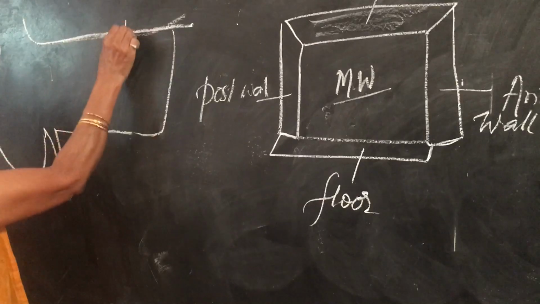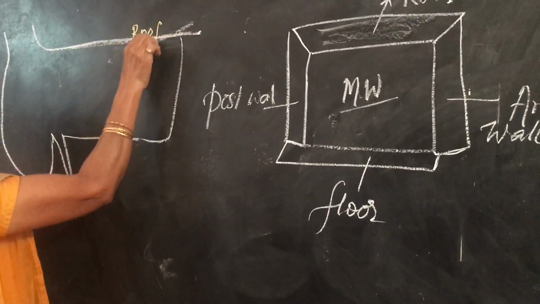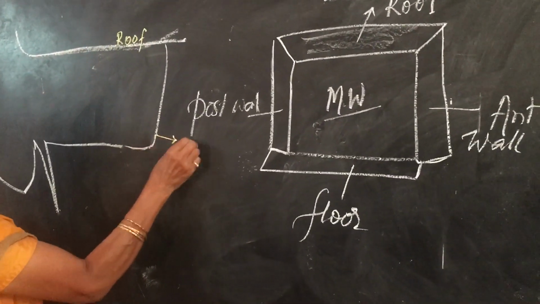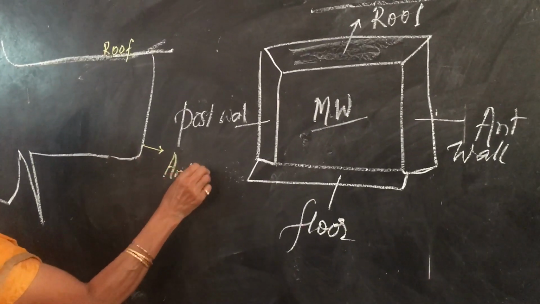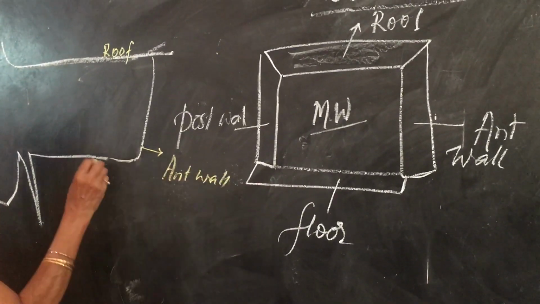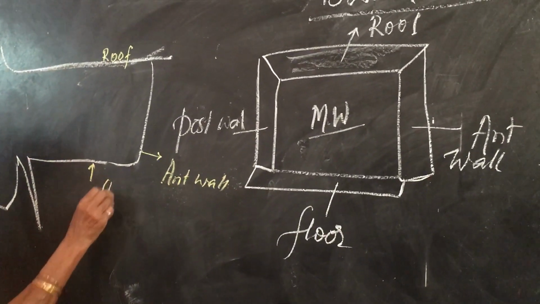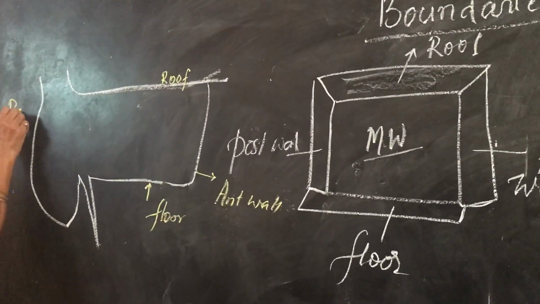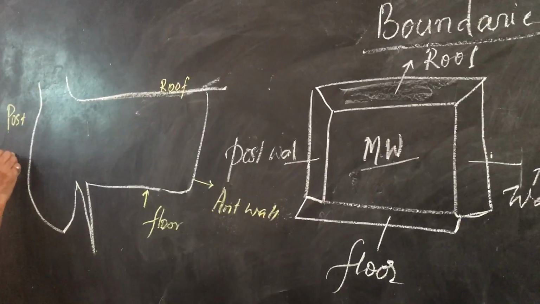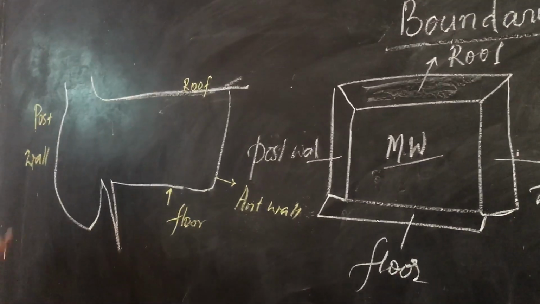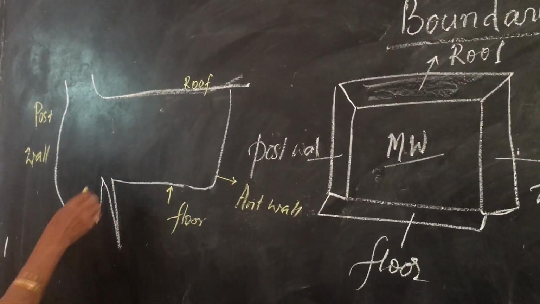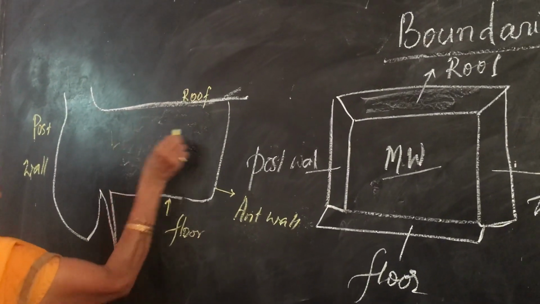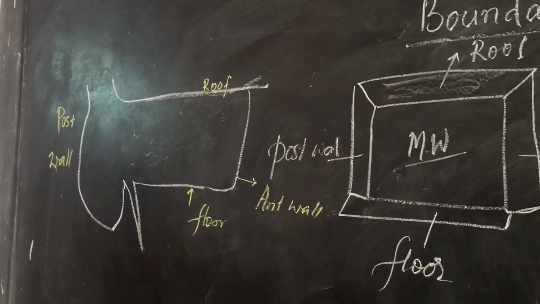So this will be the roof, this is anterior wall, floor, then posterior wall. The lateral wall has been removed, mainly made up of tympanic membrane, and what you are seeing here is the medial wall.